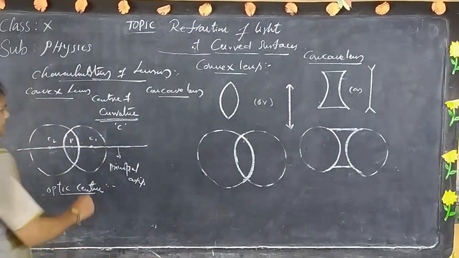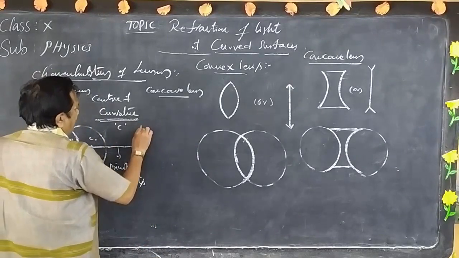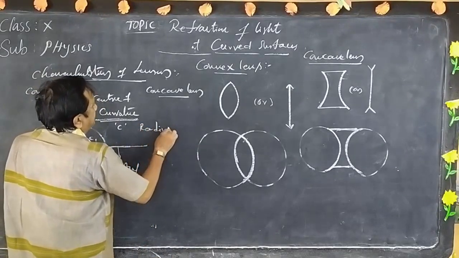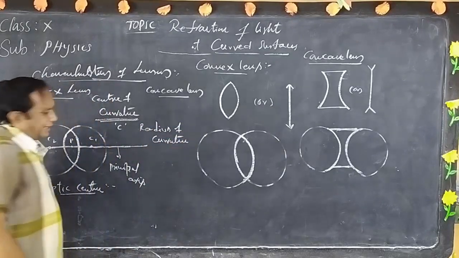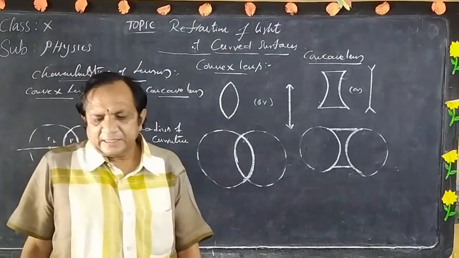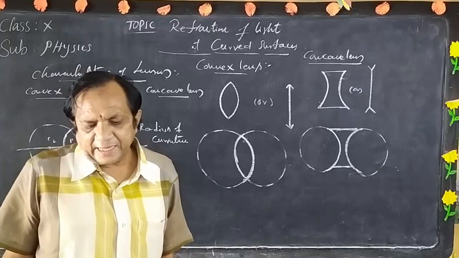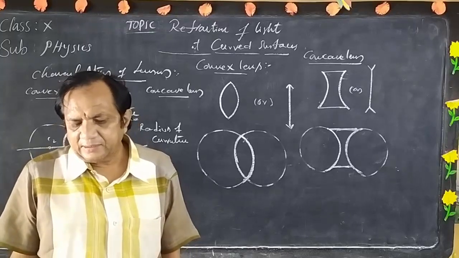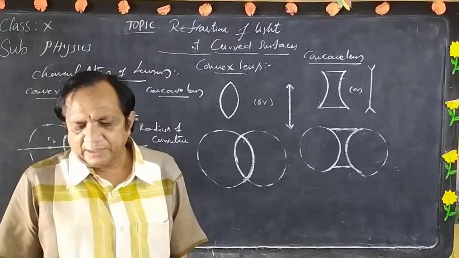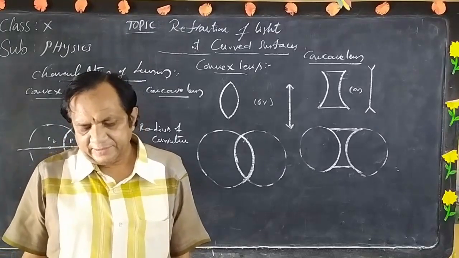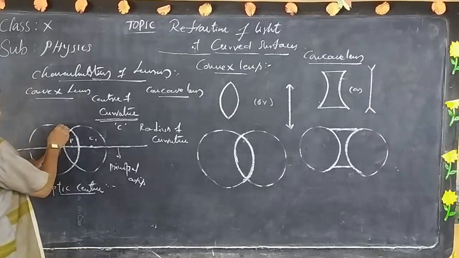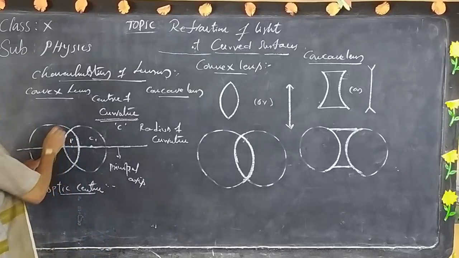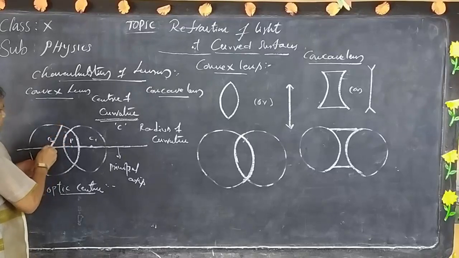Now another definition to consider is the radius of curvature. The radius of curvature can be defined as the distance between the center of curvature and the curved surface.